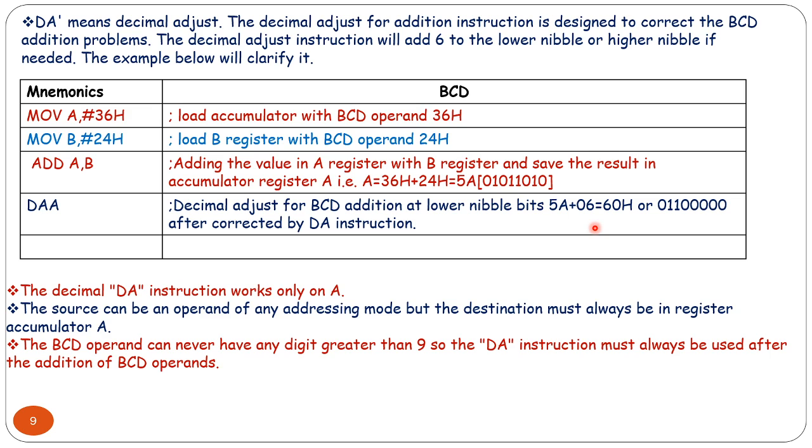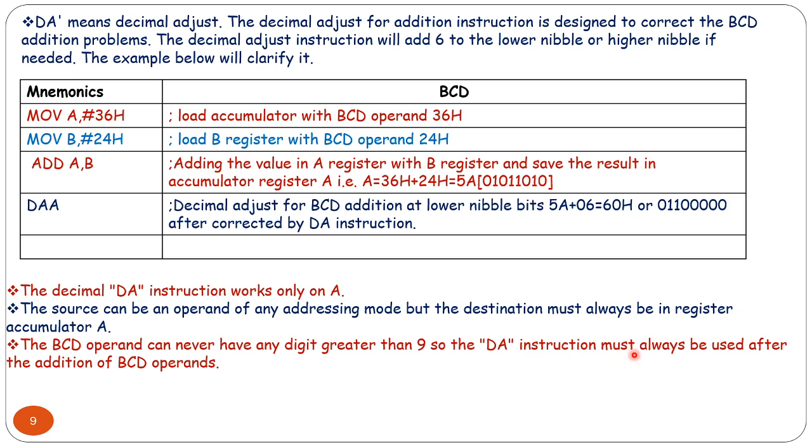So this DA instruction works only on the accumulator. The source can be an operand of any addressing mode, but the destination must be the accumulator register. A BCD operation can never have any digit greater than 9.